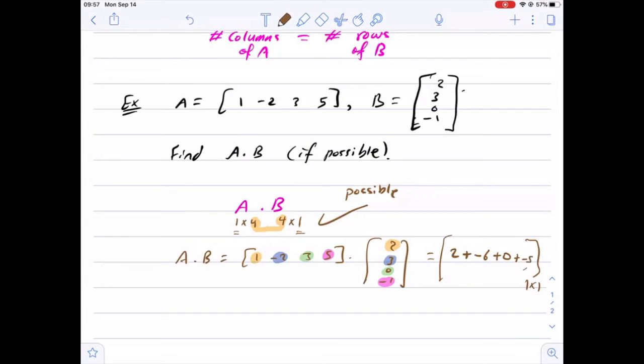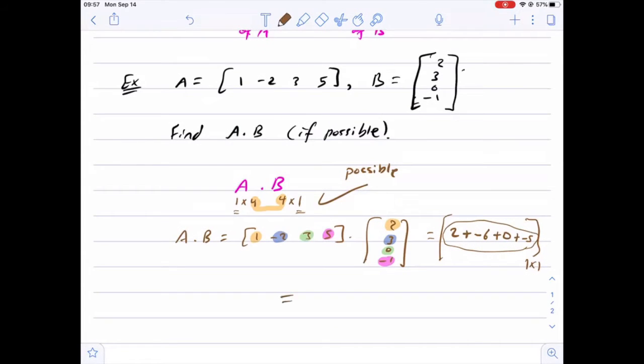So this is just one entry. So we find this entry. This is 2 minus 6, which is -4, plus 0 is -4, minus 5 is -9. So this is a 1 by 1 matrix.